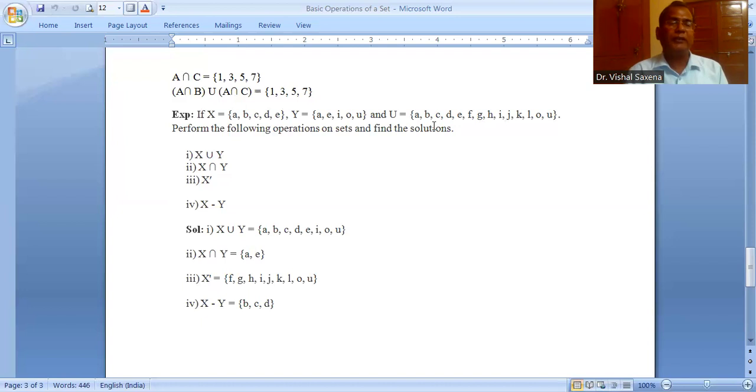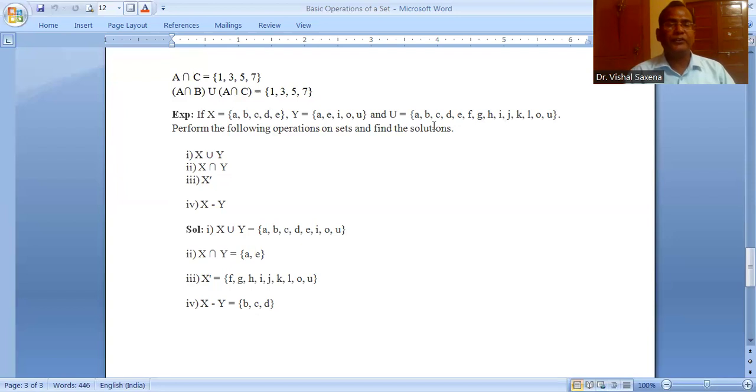Common elements are taken one time. The next elements are I, O, U. So ultimately X union Y is equal to A, B, C, D, E, I, O, U.